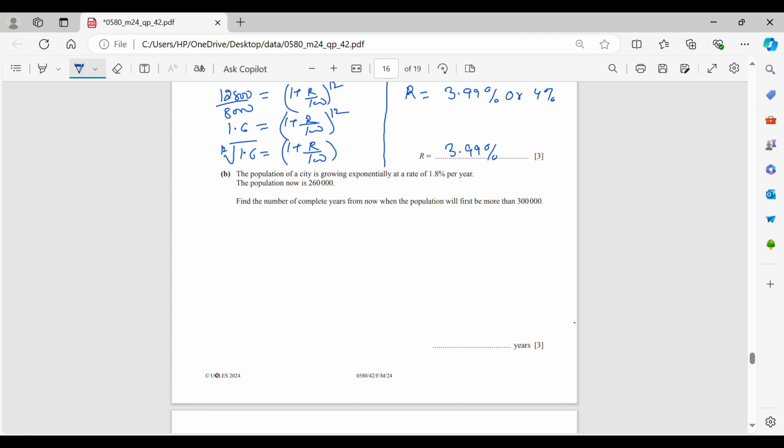So we will use the same compound interest formula. I will take the exponential growth as EG. Exponential growth will be equal to P, the initial population, times (1 plus the rate at which the population is increasing, that is r by 100) raised to the power time. So in this question we need to find the time, that is, how many complete years until the population will be this.